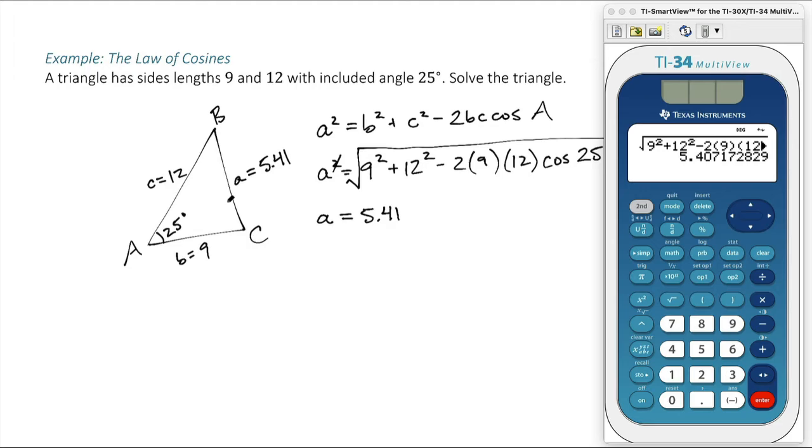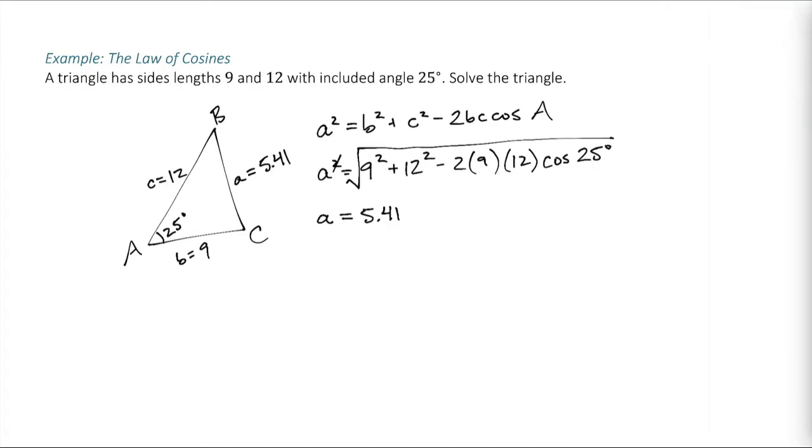I'm going to stick with the law of cosines since that's what this video is demonstrating. So to find angle C, we use the form of the law of cosines that has the angle C in it. That's c squared equals a squared plus b squared minus 2ab cosine of the angle C.